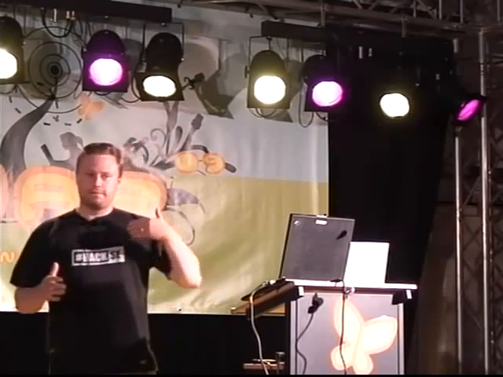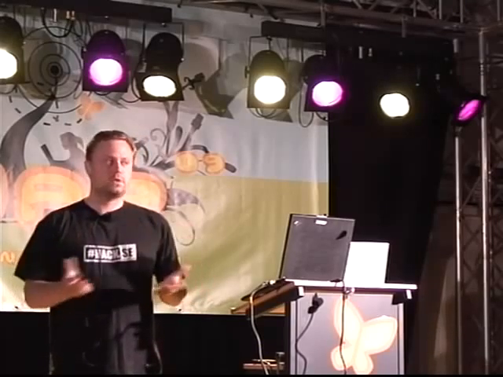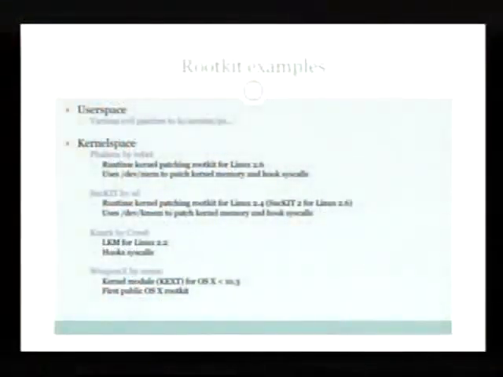So, for this reason, we move into the kernel and we write kernel rootkits. These rootkits do basically the same thing. They hide the presence of a backdoor or of a sniffer or some other dubious process. There have been a number of really good rootkits for the Linux environment and also for Mac OS X and for Solaris.